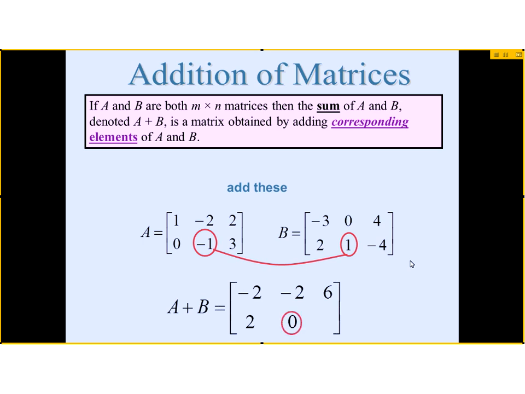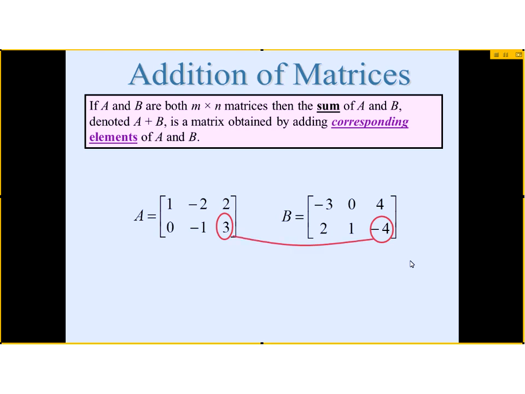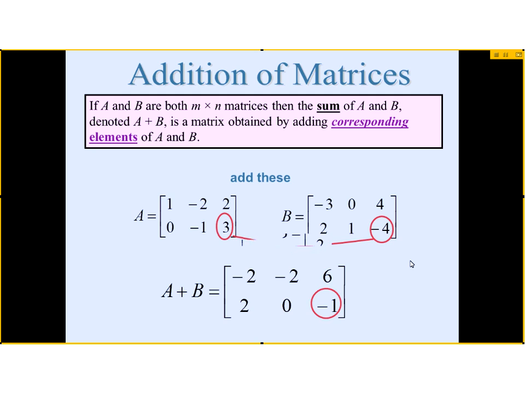Now again, if I add the next elements, 3 plus -4, we get -1. So this is the procedure to add the two matrices. It is very easy.